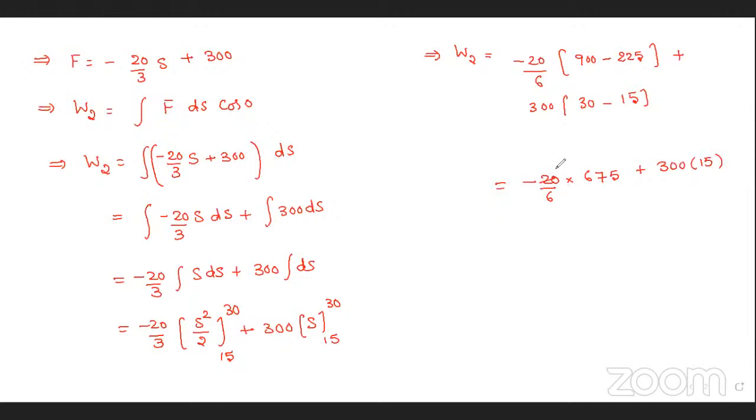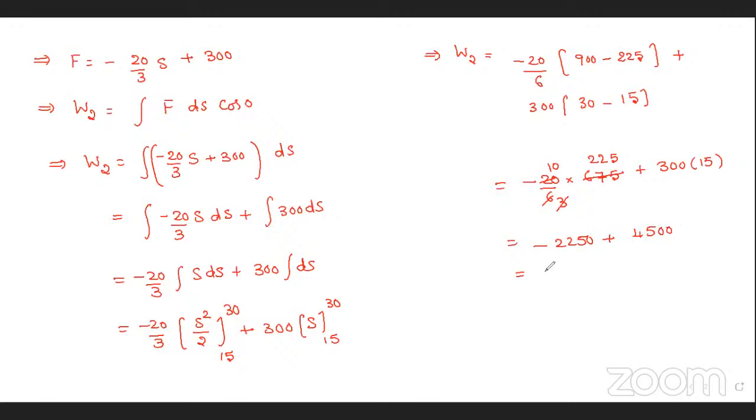If you cancel, 2 tens are, 2 threes are, again 3 twos are, 3 fives are, you see here minus 2250 plus, 15 threes are 45, 4500.